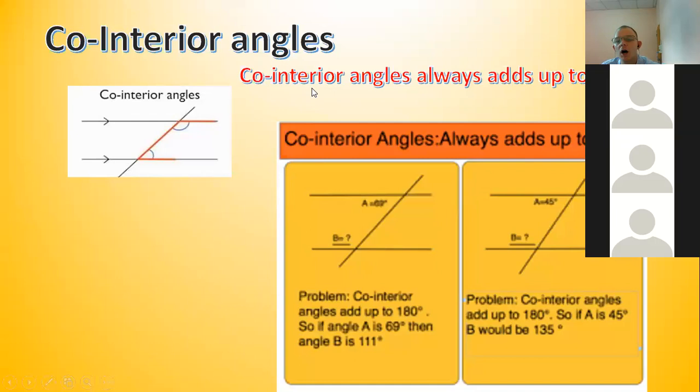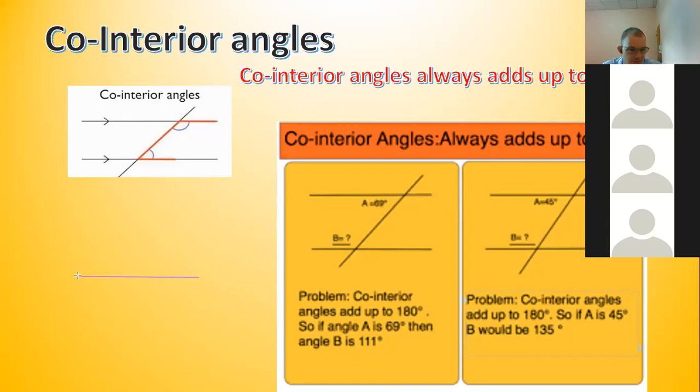Now to go on to our new ones, today we're learning a new word, co-interior angles. Now we looked at, for example, I'll draw on the board here, a straight line. How many degrees did we say the straight line was?